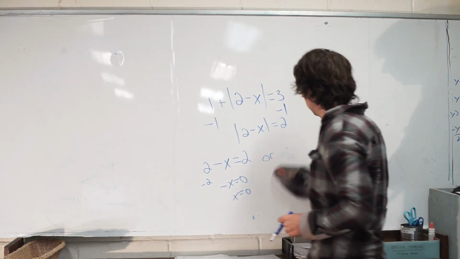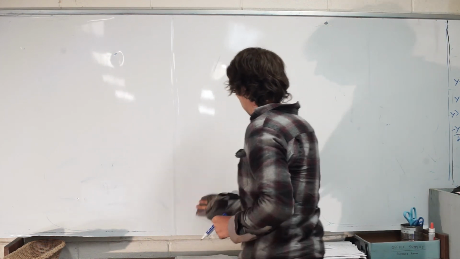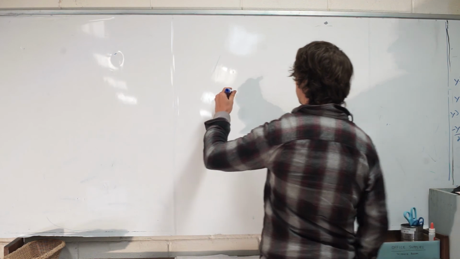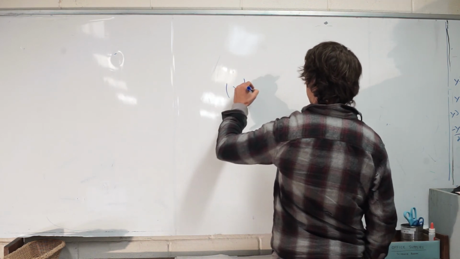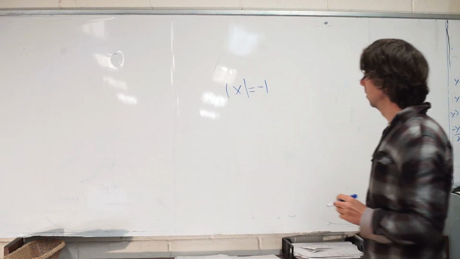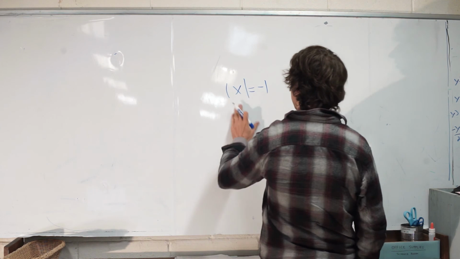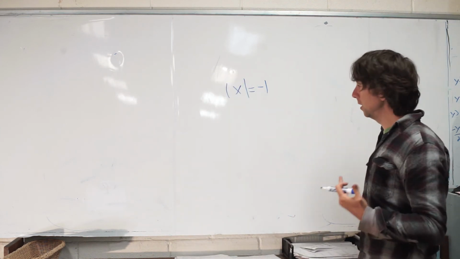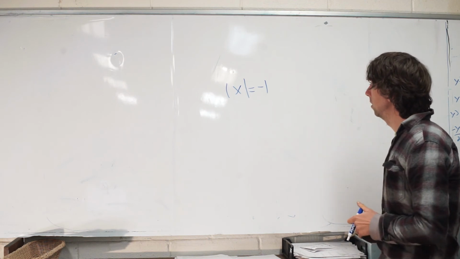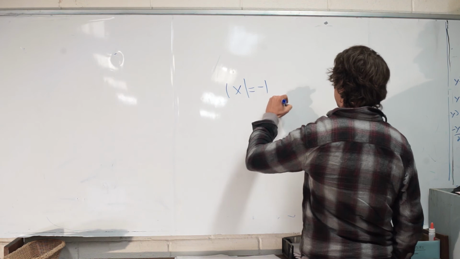And I'll show you how solutions can not work. So if you try and solve this equation, you'll find that there is no solution. There's no value you can put in here into an absolute value sign that's going to give you a negative number, because what absolute value does is it makes all values positive. So this equation has no solution.